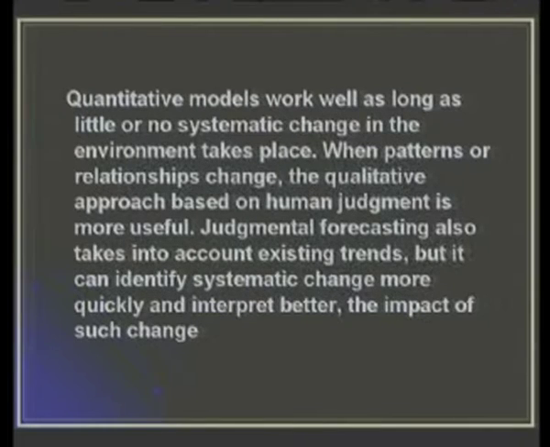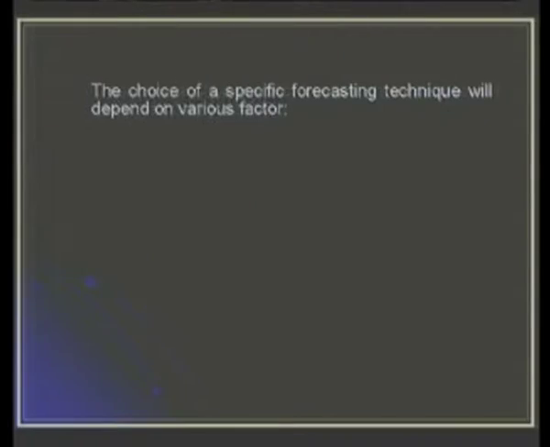So, we have to understand that if we have a combination of quantitative and qualitative, then perhaps we are in a better position to do forecasting. If you are using just a single method, it may not be that efficient. Forecasting may not be that dependable, perhaps we can say that.